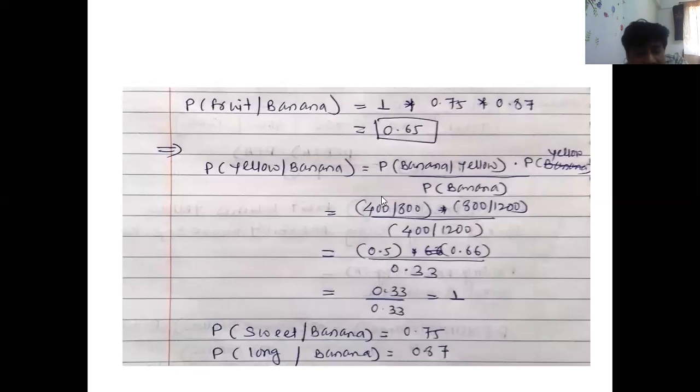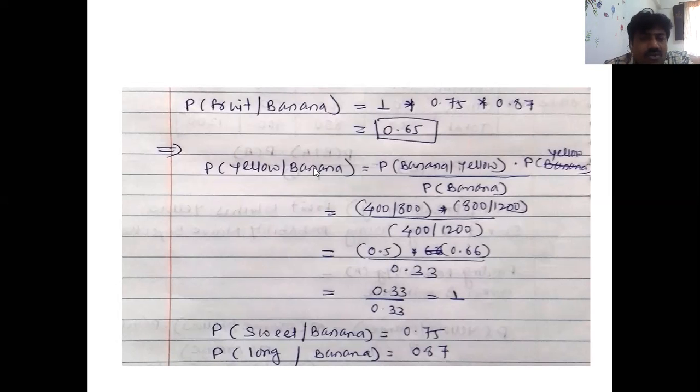Next, now that the fruit is a banana, we compute the probability of fruit given that it is a banana. If you follow the same fashion, yellow with respect to banana gives 1, sweet with respect to banana is 0.75, and long with respect to the banana is 0.87.